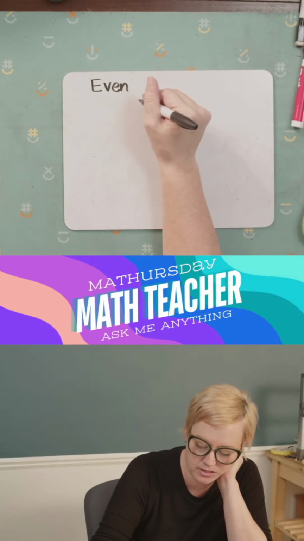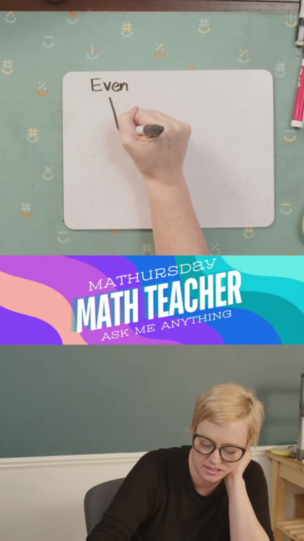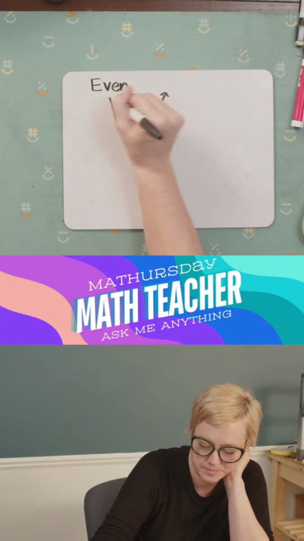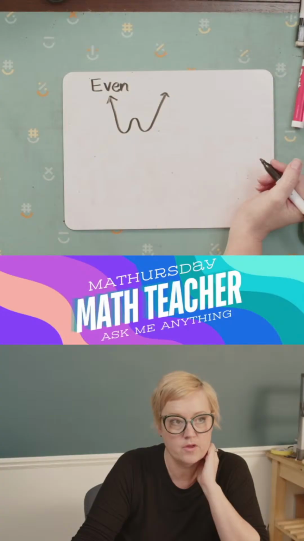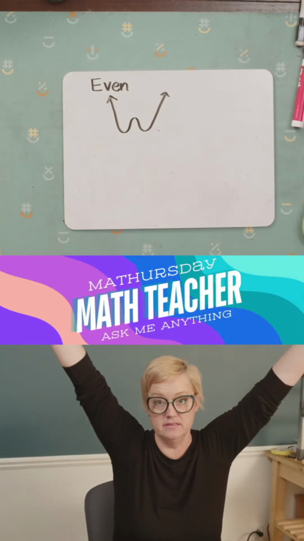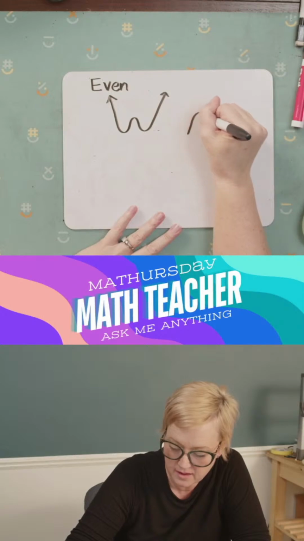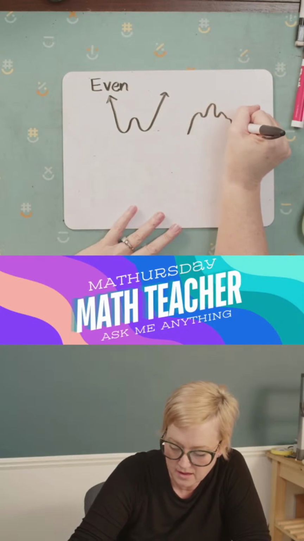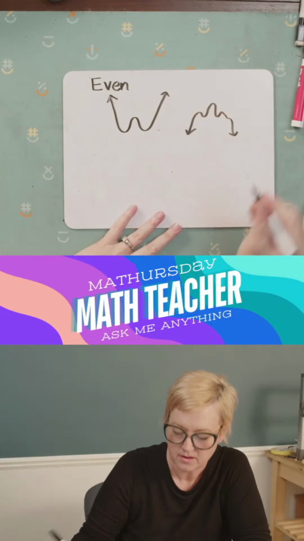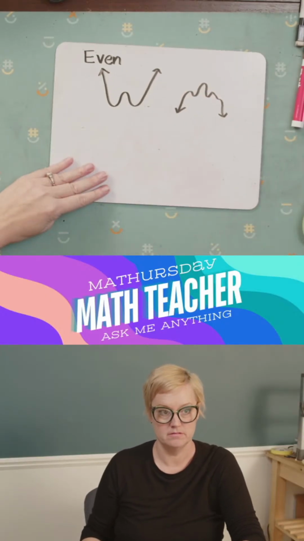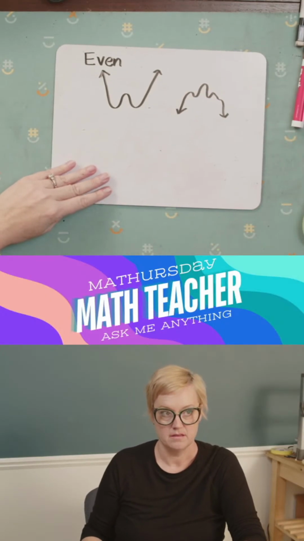So maybe it looks something like this, where they're both going up at the ends. Or it might be something like that, where they're both going down at the ends.